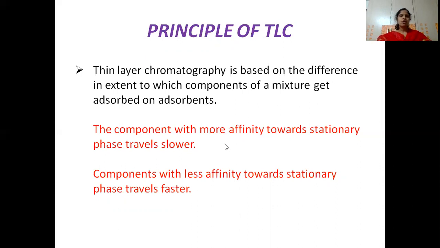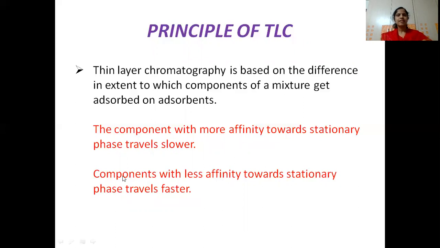And you can see here, the component with more affinity towards the stationary phase will travel slowly. We will see in the next slide why it is traveling very slowly. So when a component has more affinity, that is when it is binding more towards the stationary phase, that component will travel a bit slow.